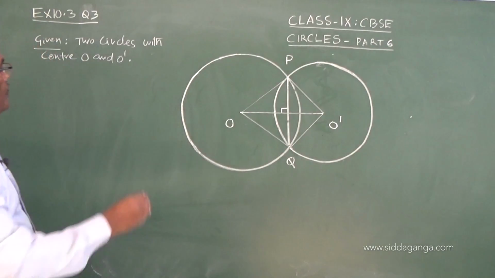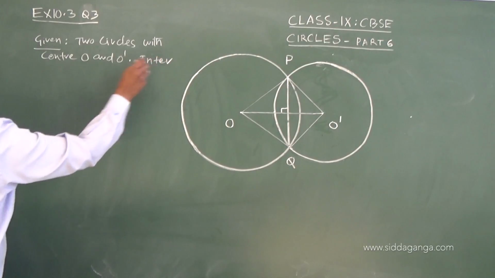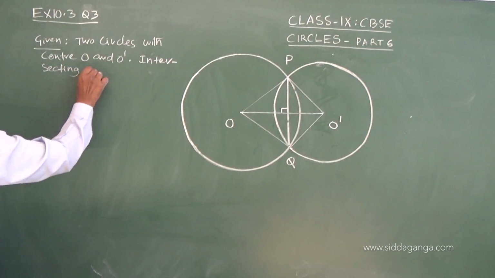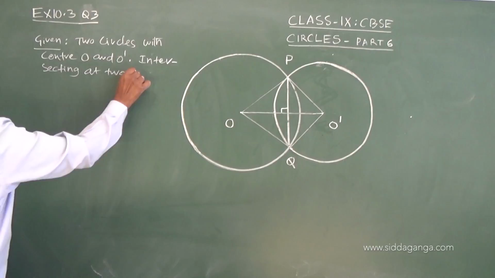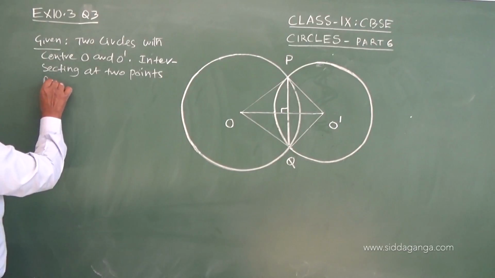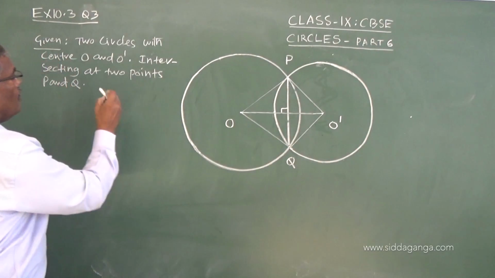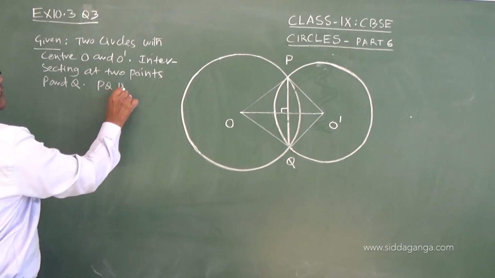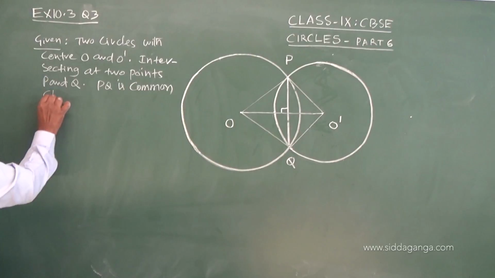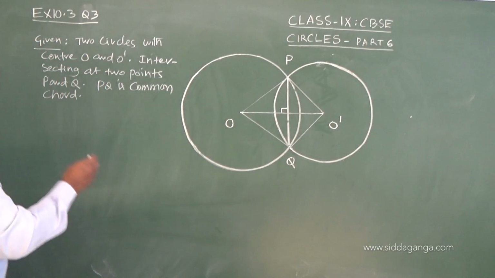They intersect at 2 points, P and Q. So PQ is the common chord. PQ is the common chord.